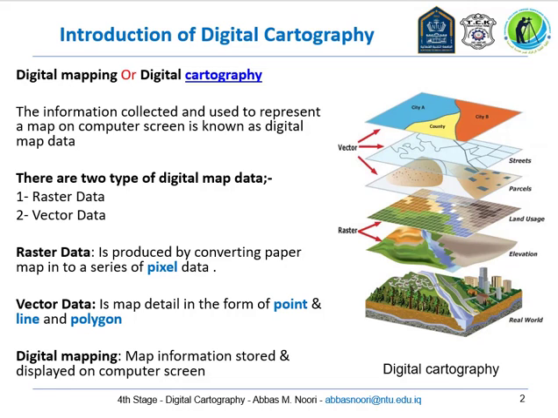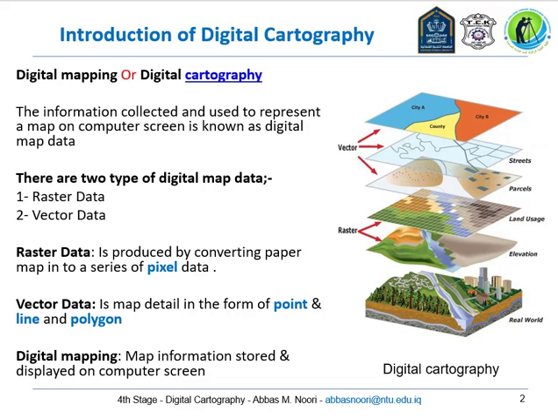Every phenomenon or feature can be represented depending on the data we use, in two types, which are vector and raster. Okay, what is a vector and what is raster? Raster data is produced by converting a paper map into a series of pixel data.